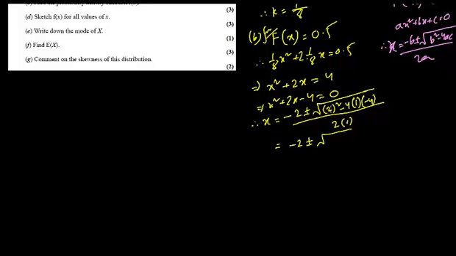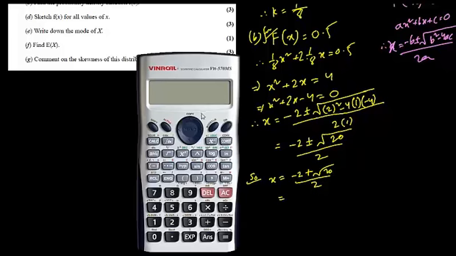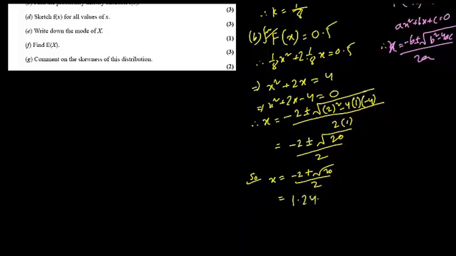So this will be minus 2 plus minus root over 2 squared is 4, minus 4 into minus 4 is plus 16, 16 plus 4 is 20, divided by 2. So one value of x is going to be minus 2 plus square root of 20 divided by 2, and this is going to be 1.24.